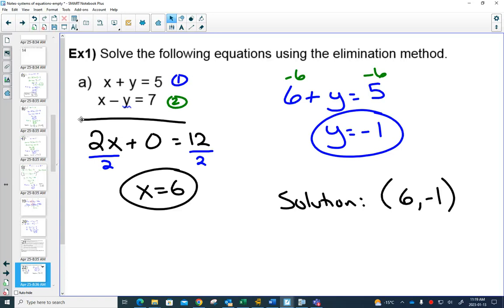So looking at the answer, I could say this one would have worked nice solving with a graph. Right? You could have changed both equation 1 and equation 2 to y equals mx plus b form, drawn the y-intercept, used the slope, found a bunch of points, and you would have found that they intersect at 6, negative 1.